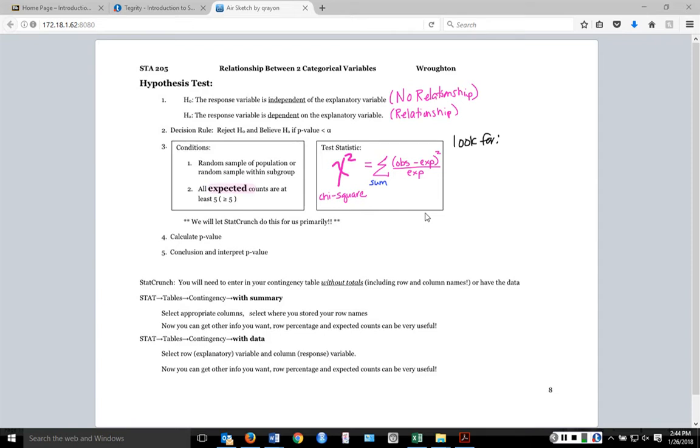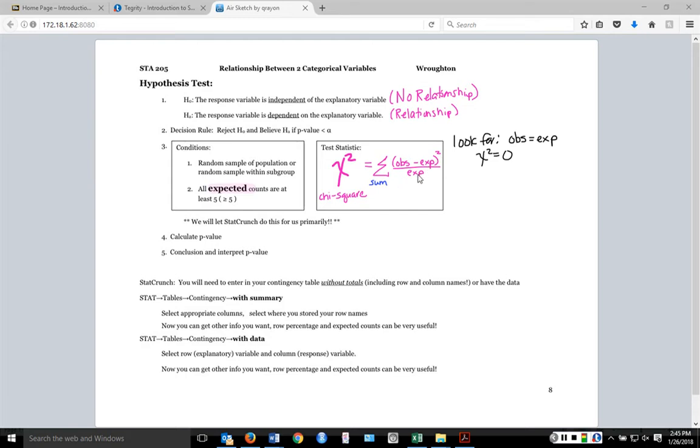So, if the observed is equal to the expected, so basically I get exactly what I expect, this chi-squared is going to turn out to be 0. So I'm going to get observed minus expected will just be 0. I square 0, I still get 0.